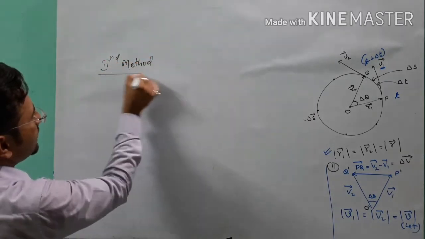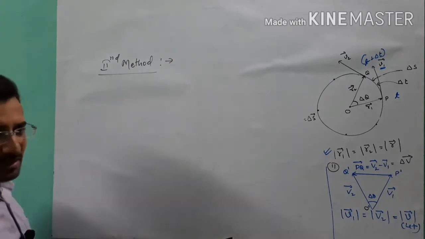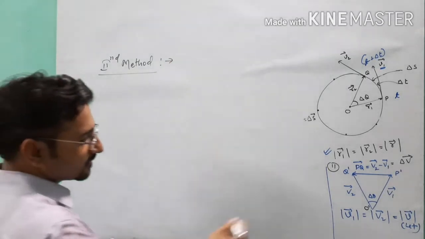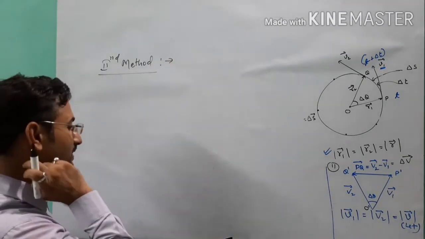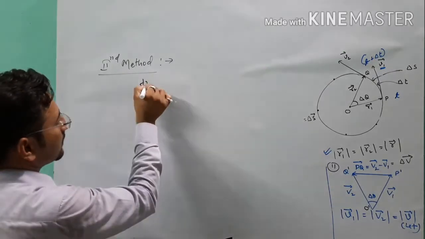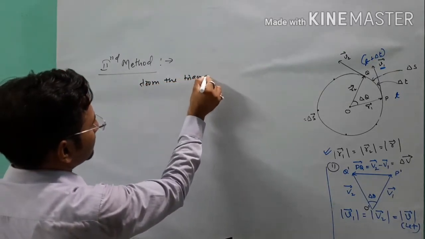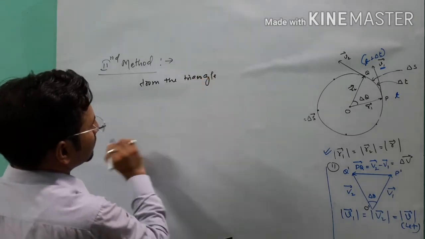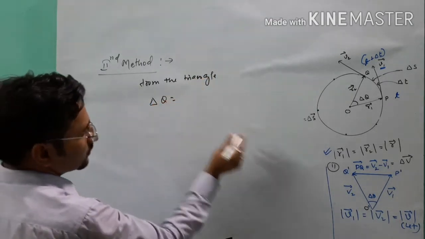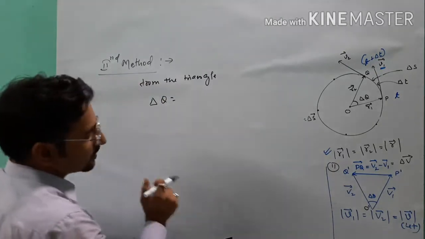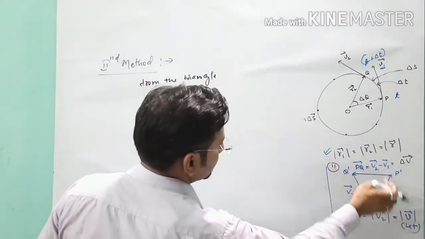You can opt any one method to derive this relation. Second method, with the help of this second method, from the triangle you can see that delta theta is equal to, as I have written there, angle is equal to arc over radius.